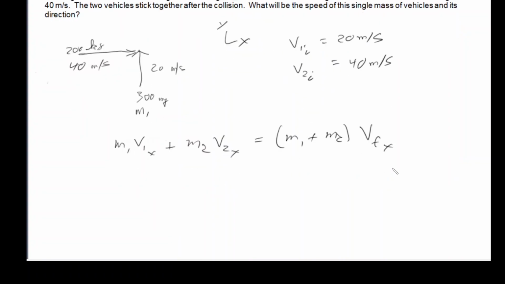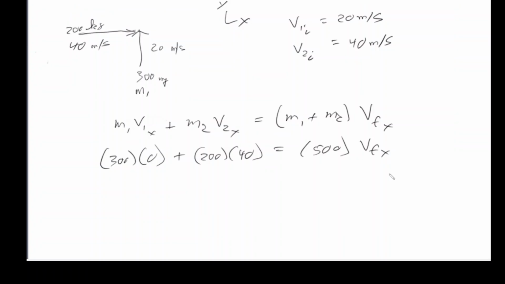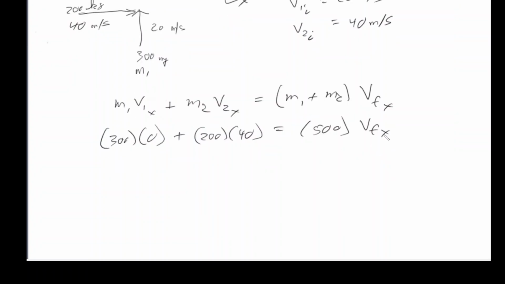So if we put these in, this would be 300 times the initial velocity of mass 1 in the x direction, which was 0, plus mass 2 times 40 is equal to, well, they stuck together, so the total mass is 500 kilograms times the final velocity.